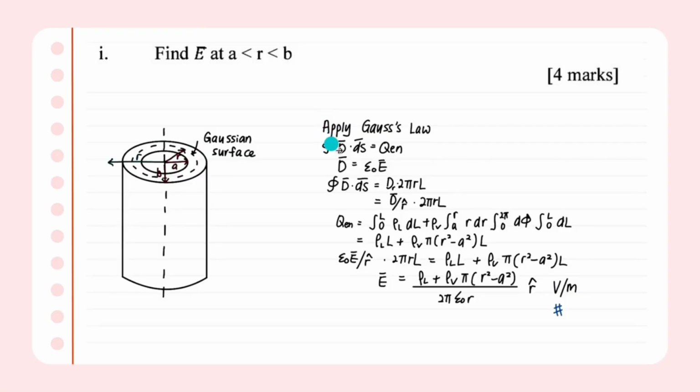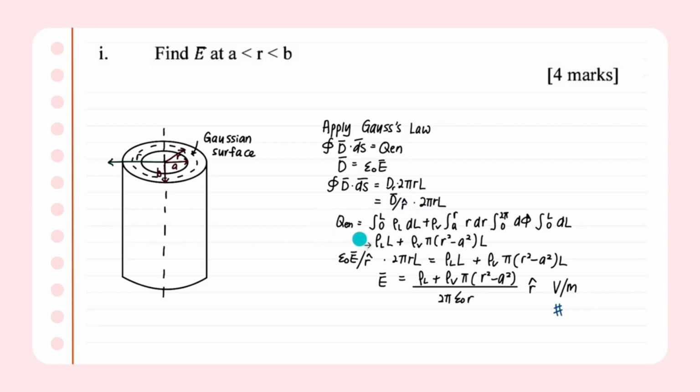In this question, we have to apply Gauss' law, where the integration of D dot dS is equal to Q enclosed. The integration of D dot dS is equal to D_r times 2πrL, and it is equal to vector D over unit vector r times 2πrL.